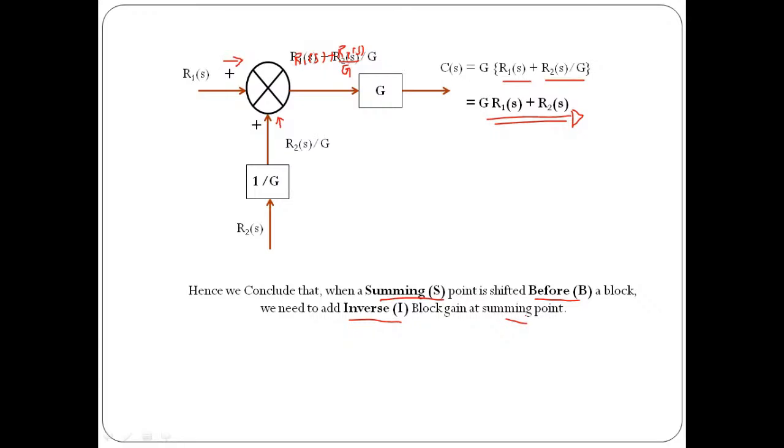You can remember this by simply merging the initial alphabets of the highlighted words. See, summing point initial is S, before initial is B, and inverse initial is I. So this SBI word you have to remember. Now what is SBI? SBI stands for whenever a summing point is shifted before a block, we need to add inverse block gain.